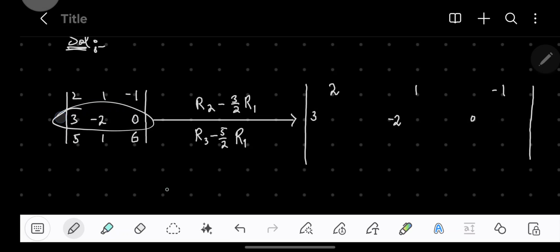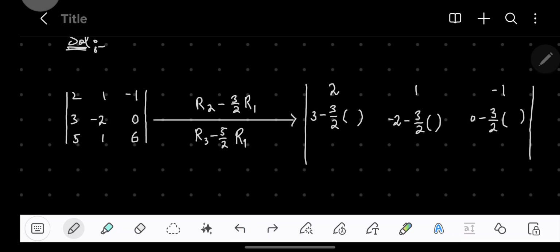R2 is 3, 2, minus 2, 0. Then I have to write minus 3 by 2 everywhere. Then I have to write R1. What is R1? 2, 1, minus 1. So I have to put 2, 1, minus 1 everywhere.